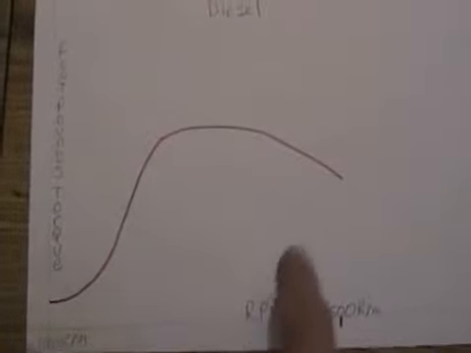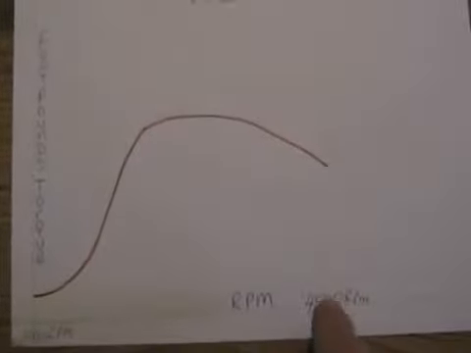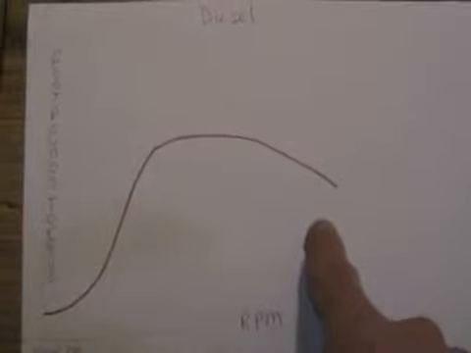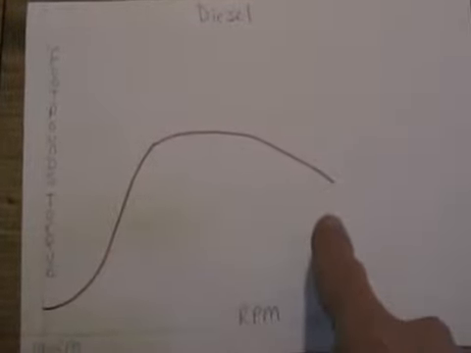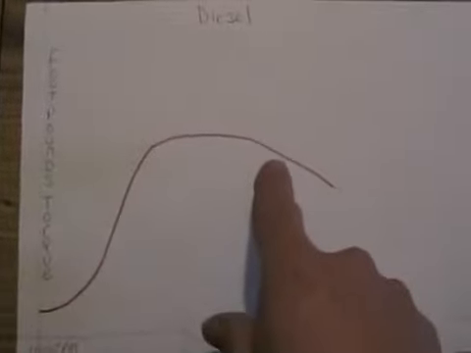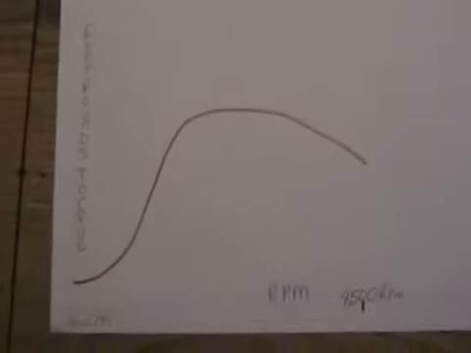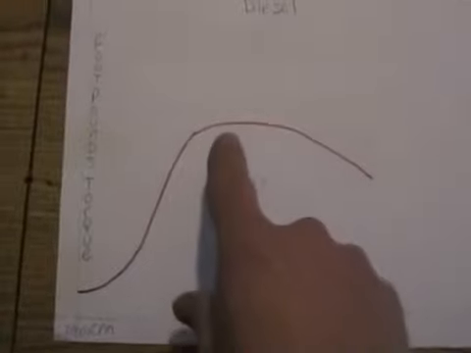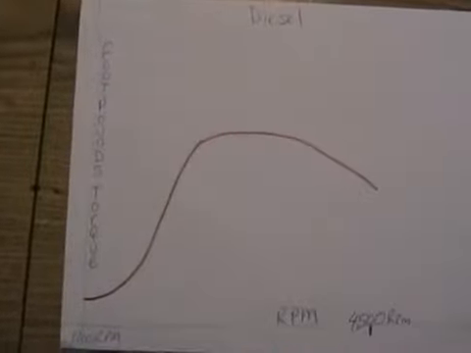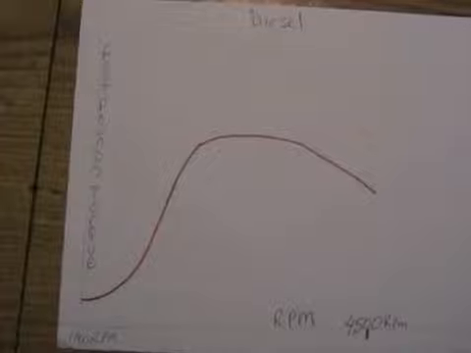Then of course diesel burns at a slower rate than gas, so as you increase your RPMs and getting to the red line of a diesel, there isn't enough time to burn all the fuel for them, and that causes a quick drop in horsepower. So diesels, you like to use the power within this short range of RPMs, and that's why diesel large trucks have so many gears.